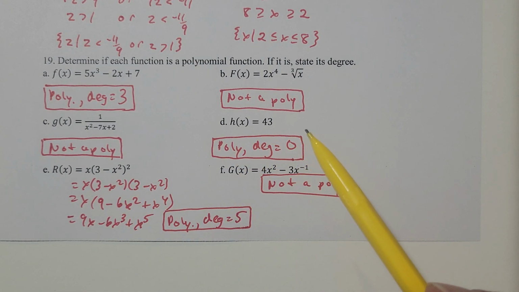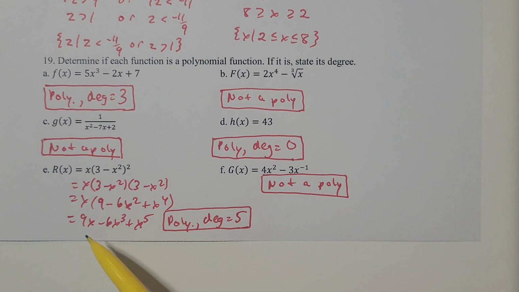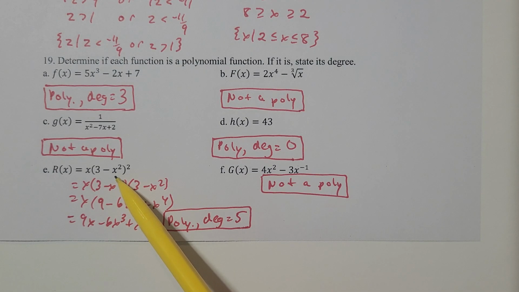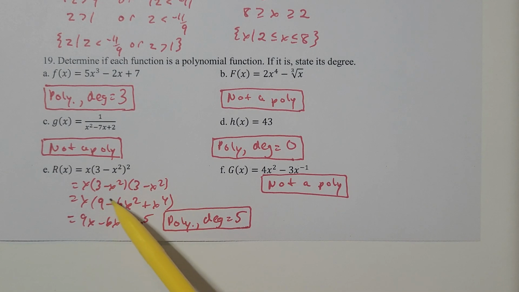Part E, I have r of x equal x times 3 minus x squared, squared. Is that a polynomial? Okay, well, I'm not in polynomial form yet, but maybe I can get into polynomial form. Like maybe I can get into the form where I'm adding up a bunch of stuff. So let's go ahead and FOIL out 3 minus x squared times 3 minus x squared.